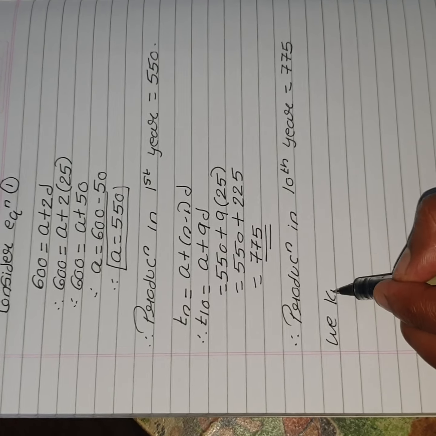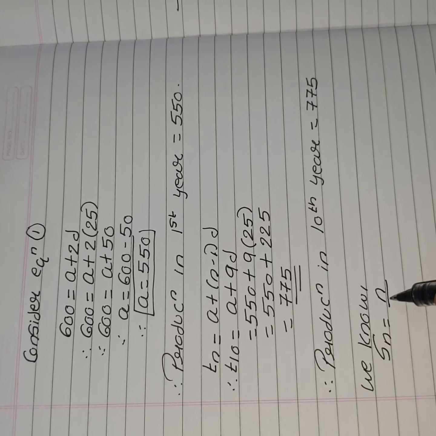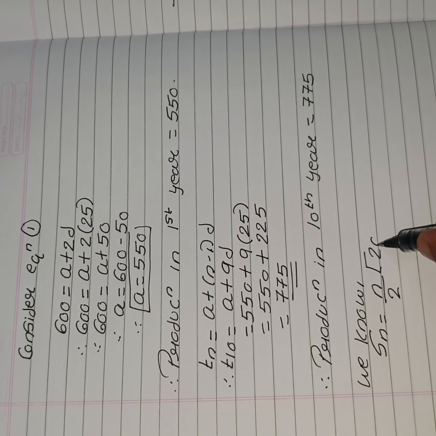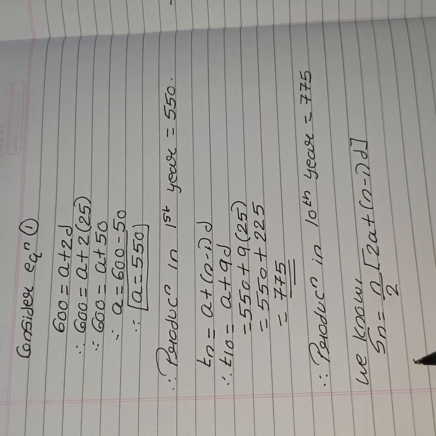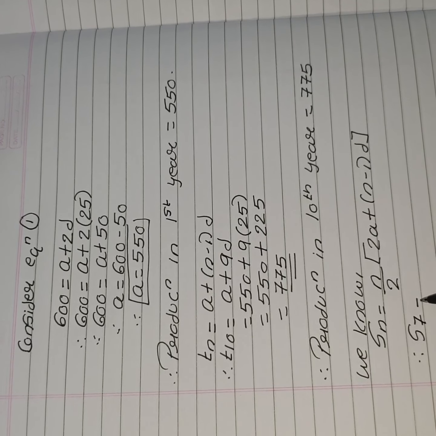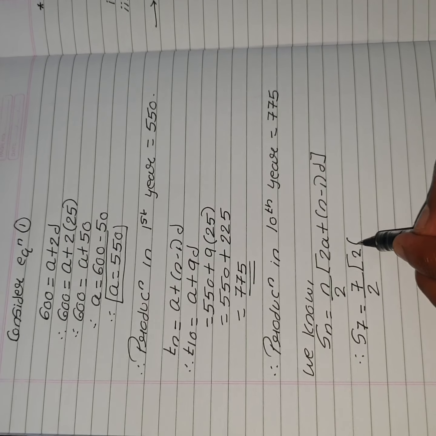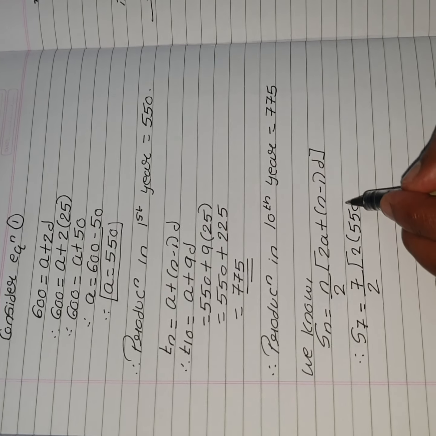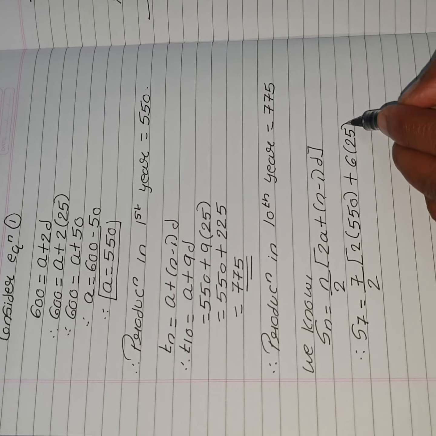Third question, total production in first 7 years. We know, now we'll apply the formula of S of n. S of n is equal to n upon 2 into 2a plus n minus 1 into d. Therefore first 7 years, so S of 7 is 7 upon 2 into 2 times, what's the value of A? 550 plus 7 minus 1, 6, what's the value of D? 25.